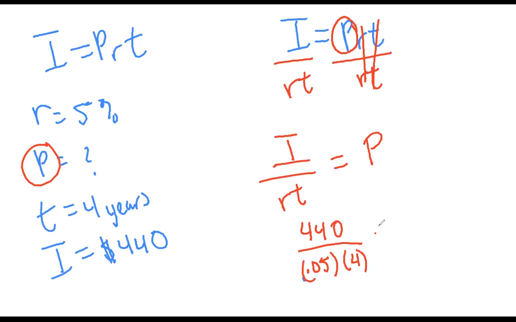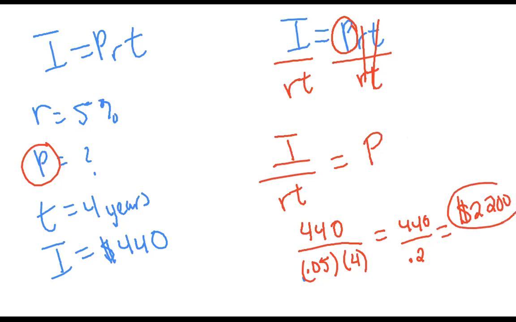So that should be 440 divided by 0.2. Oh, you got the 0.2, Mr. G. 0.05 times 4. Right? 0.2. 2,200. Good. So then my principal is 2,200.